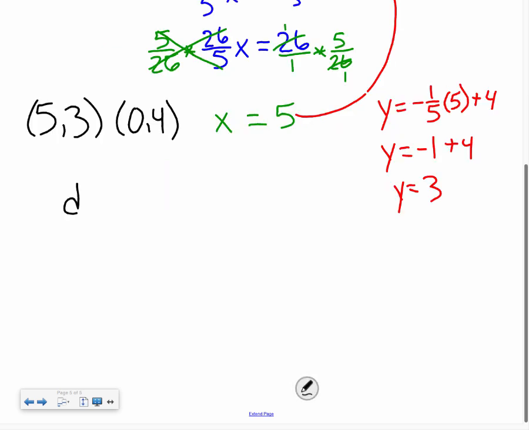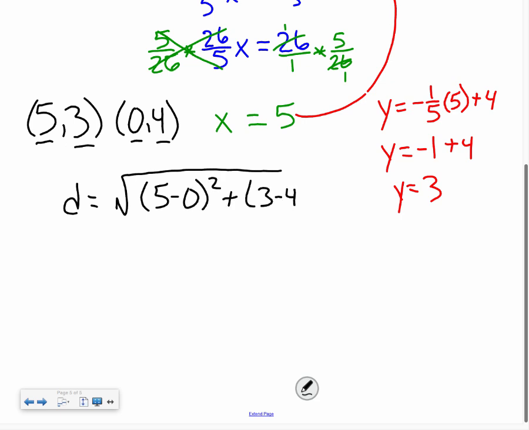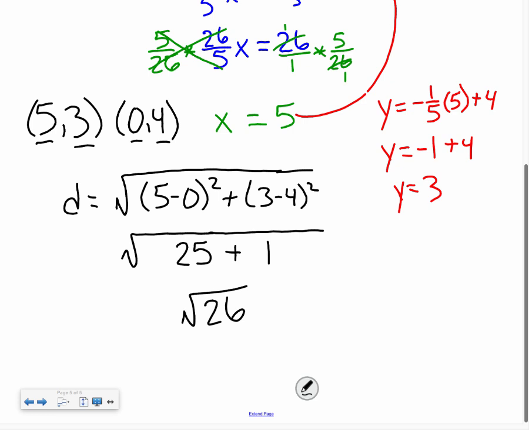We have d equals the square root of 5 minus 0 squared plus 3 minus 4 squared. 5 minus 0 squared is just going to be 5 squared, which is 25. And 3 minus 4 gives us negative 1. Negative 1 squared is 1. So we know that these two lines are the square root of 26 units apart.